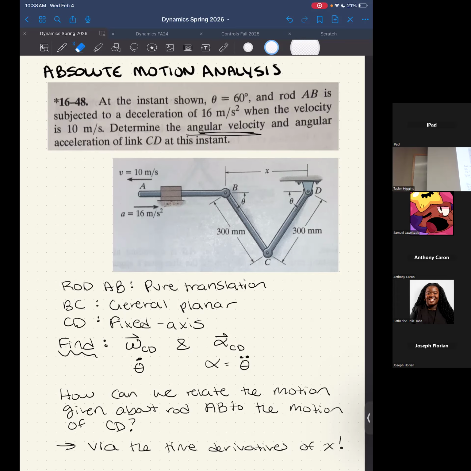And so if you take dx dt, how is that related to the velocity? Every point on the rod is moving at the same velocity. How is dx dt related?